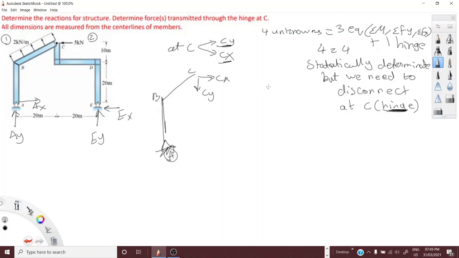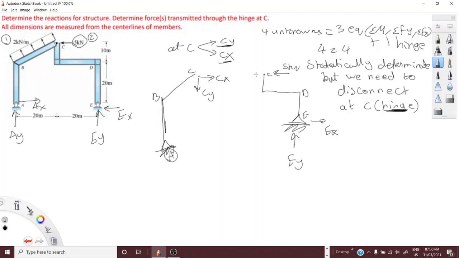At A, and also you have the structure member at E. I need to tell you something most important: Cx, Cy at C. At C, 5 kilonewton is the external load. I can put it here or here. Let's put it here, 5 kilonewton.